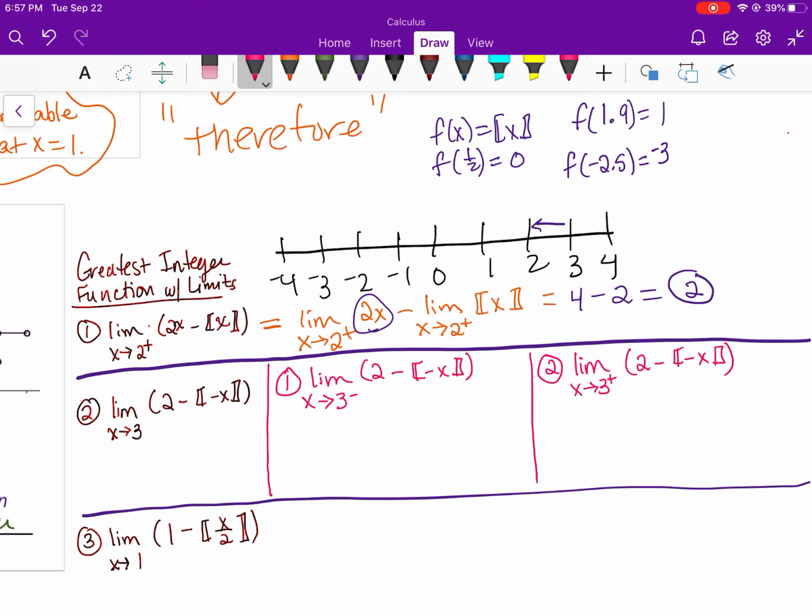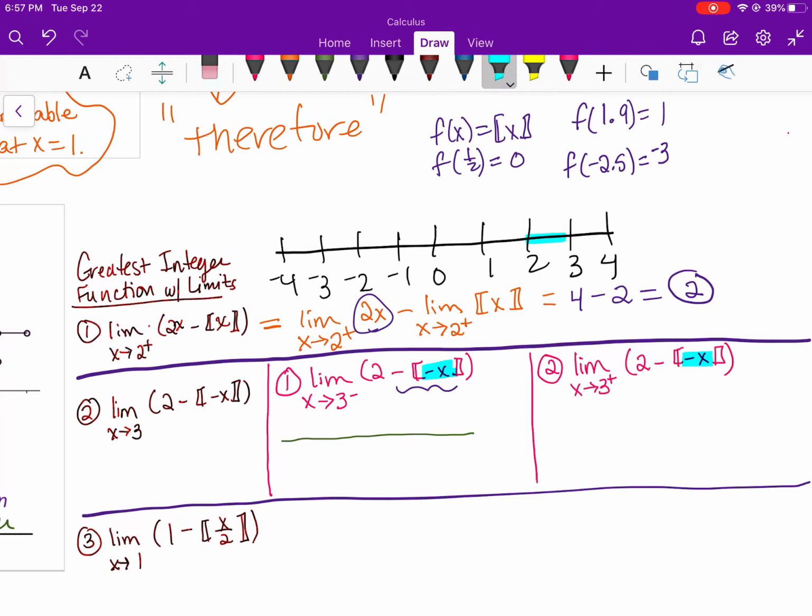Okay. What I'm most concerned with is finding the limit right here, because I know the 2 doesn't change anything. So what I have to watch out for is focusing just on this piece for now. If I'm going to approach 3 from the left, so if you think of your number line, and I'm approaching from the left side of 3, I'm in this area right here.